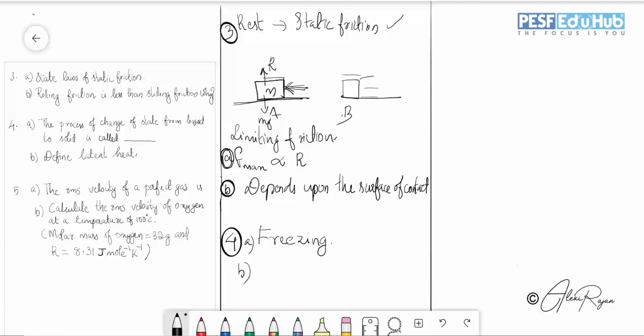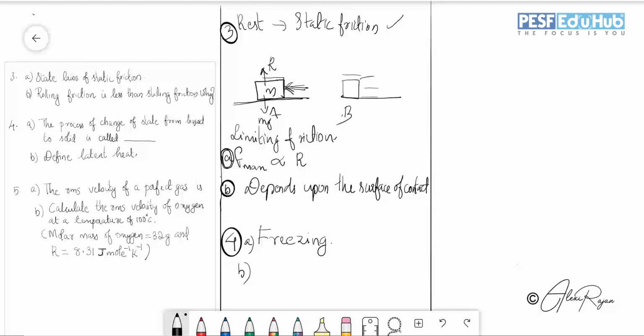And that particular heat energy is known as what? Latent heat. It is the amount of heat energy required to change the state of any substance from one state to another.